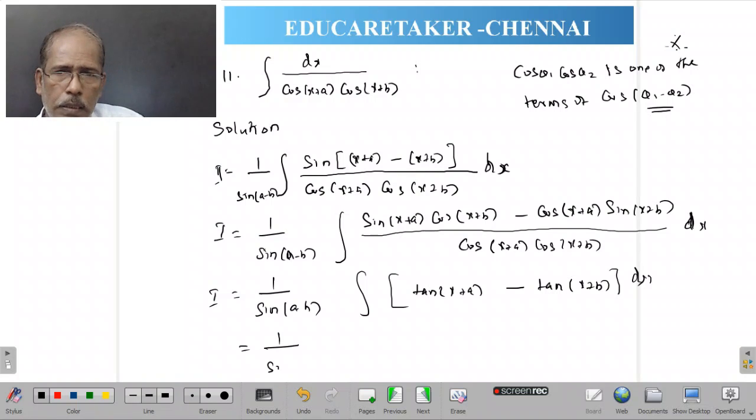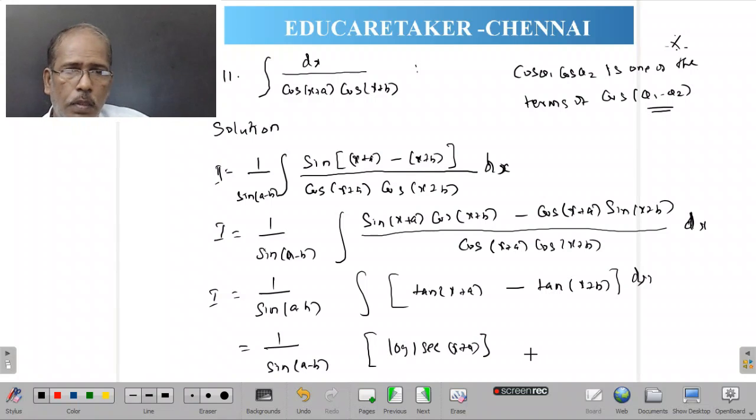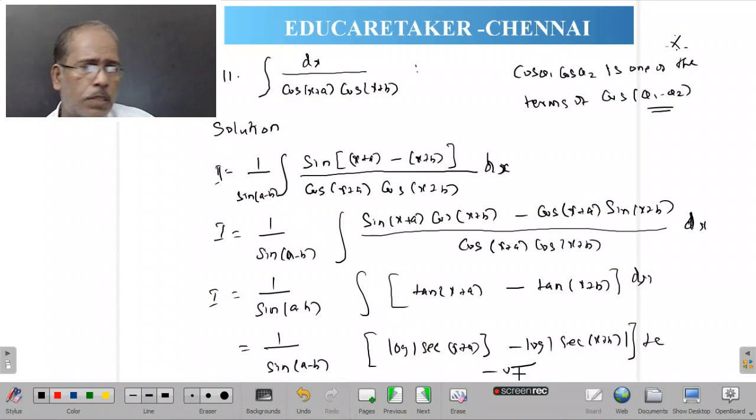Dear student, what is the integral of tan? Log mod of secant of the angle: 1 by sine of a minus b times log mod of secant of x plus a, minus log mod of secant of x plus b, with the integral constant. So let us wind up today's session with question number 11.